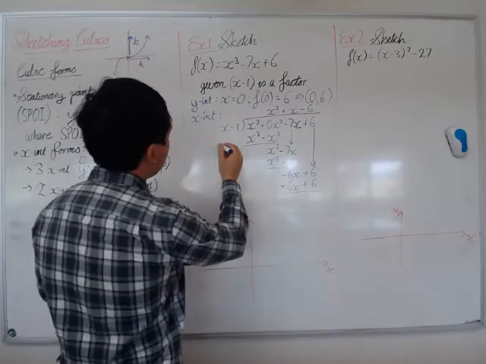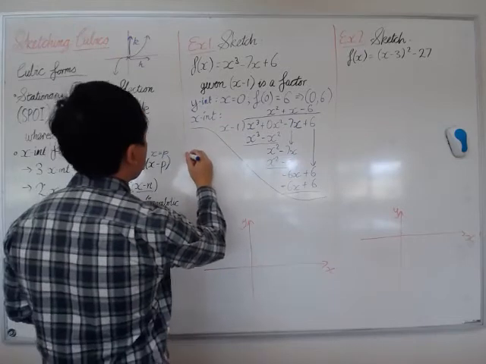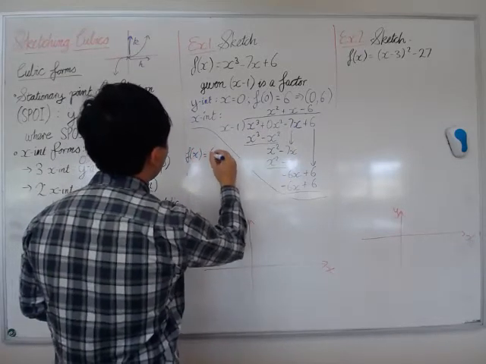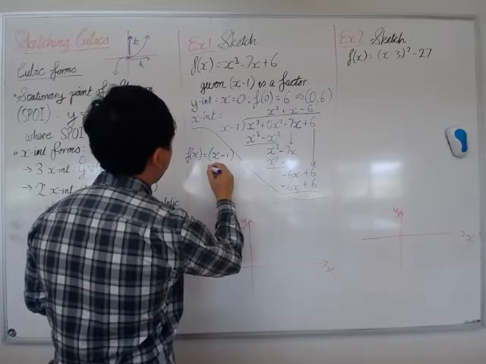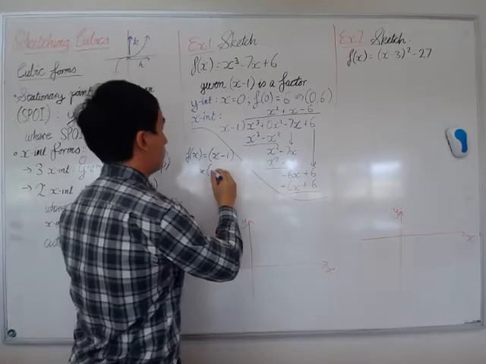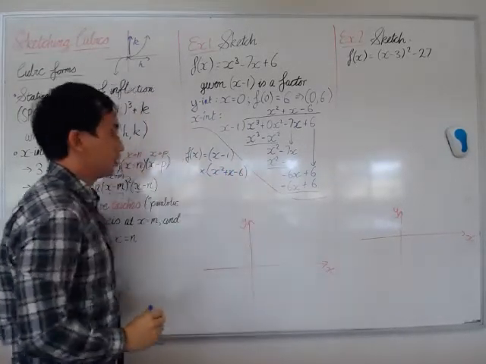So we can safely say f of x can be factorized to x minus 1 times x squared plus x minus 6.